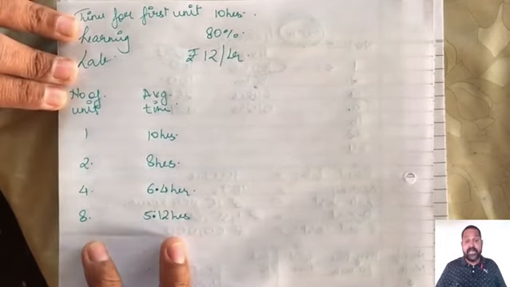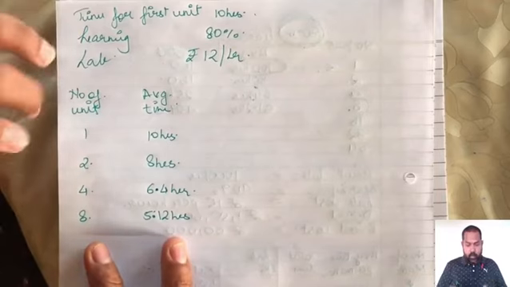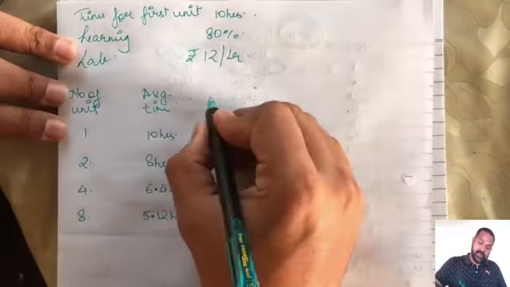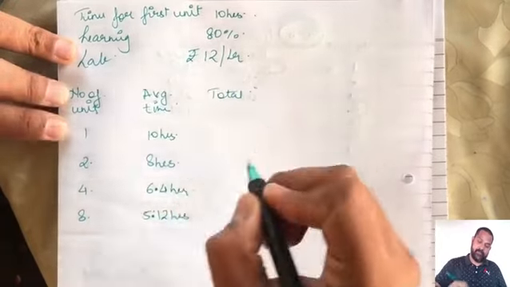This is the average time it is going to take to make 1 unit, 2 units, 4 units and 8 units. What is the total time?